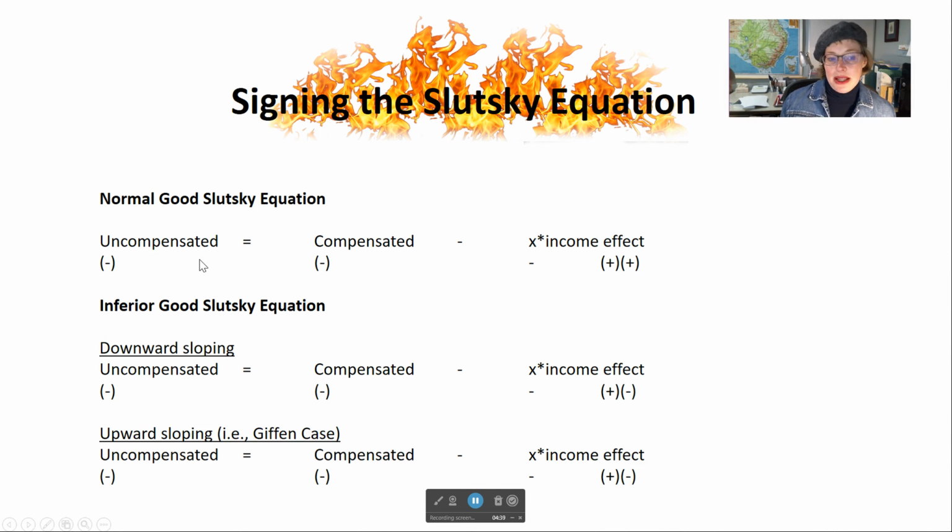The signs we would expect for an inferior good depend on the type of inferior good. For most inferior goods, we'll expect a negative uncompensated demand curve slope. But this is the result of a negative compensated demand curve slope, and then we actually have a positive effect here, net.